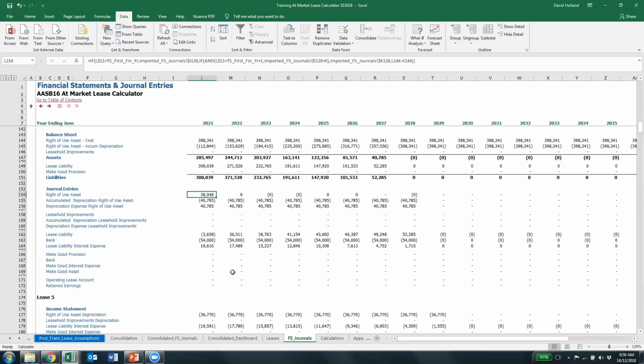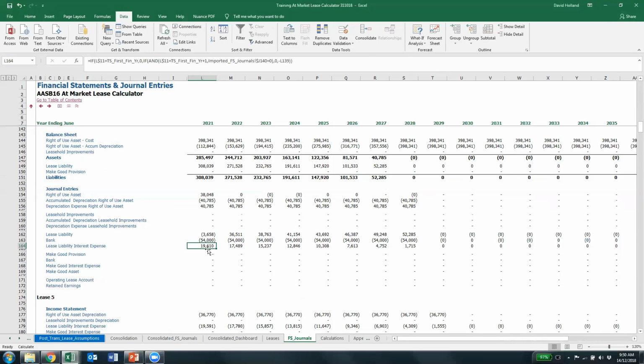And if we look here, the right of use asset has gone up. And in fact, the lease liability, we made payments of $54,000 during the period. We had interest expense of $19,610, which would have meant that we would have assumed that the lease liability would have had a debit of $34,390.